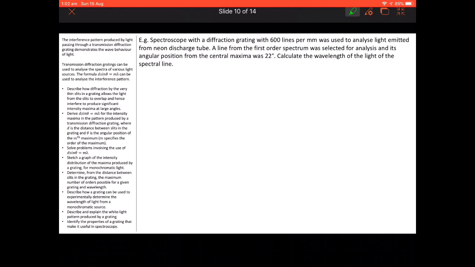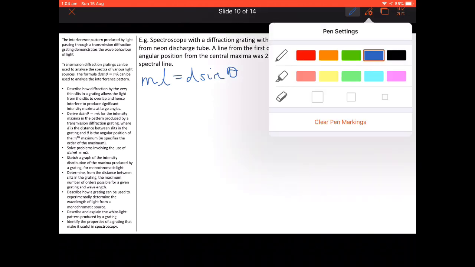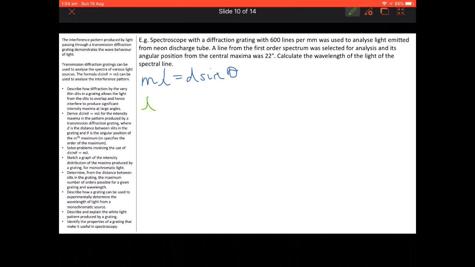So we know that we're going to need to use our path difference formula. We know that we're looking for the wavelength. We know that theta is equal to 22 degrees.